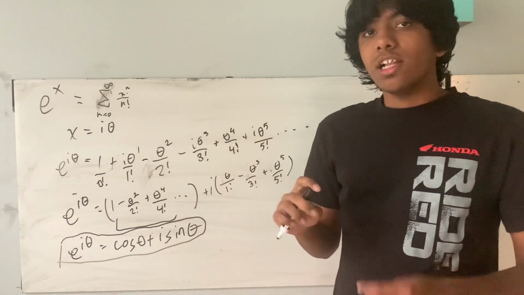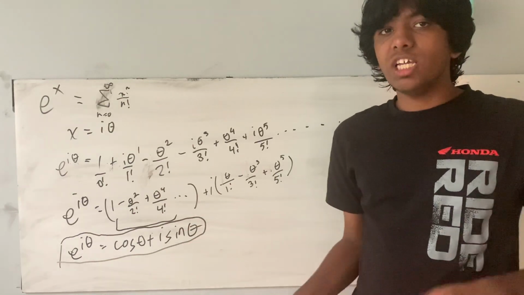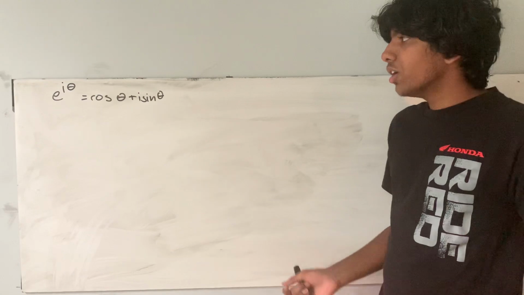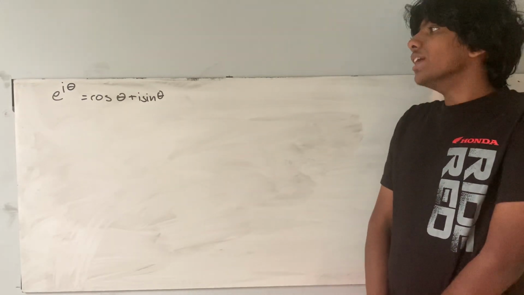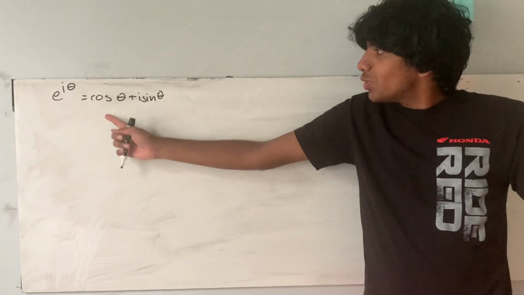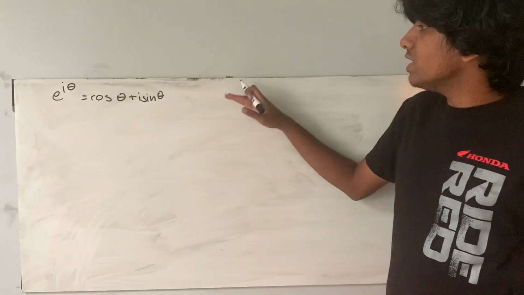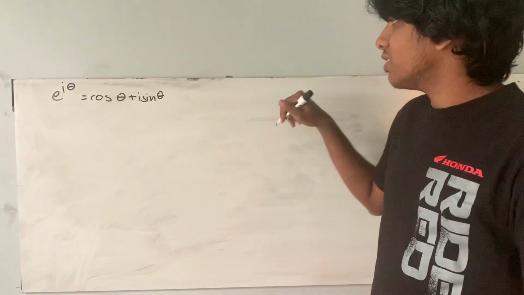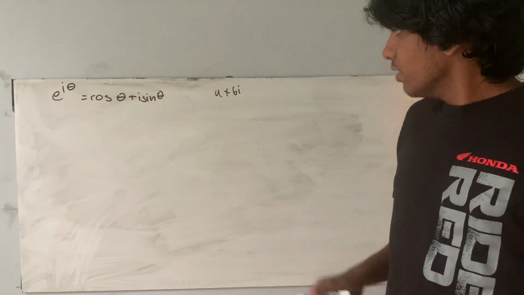And now let's do some observations with this particular formula to see if we can expand the complex realm right about now. One thing we're going to notice is that this side of the identity resembles the standard form of complex numbers, which is a plus bi, right?